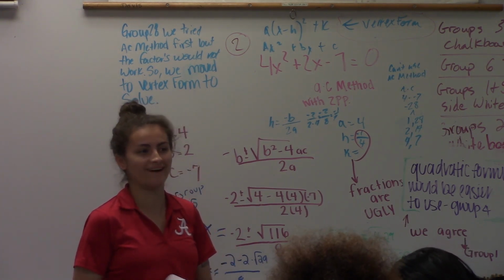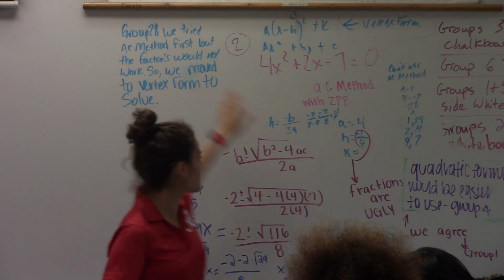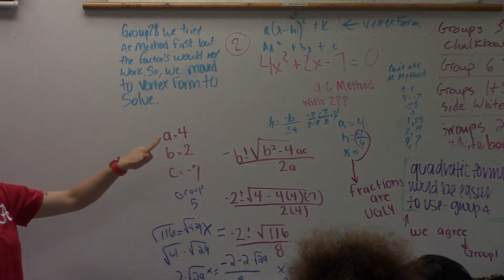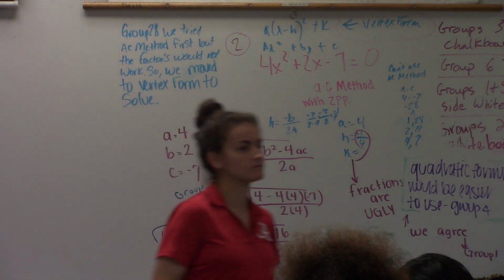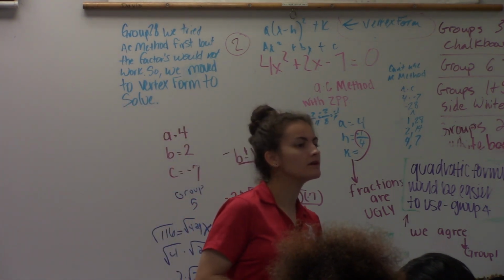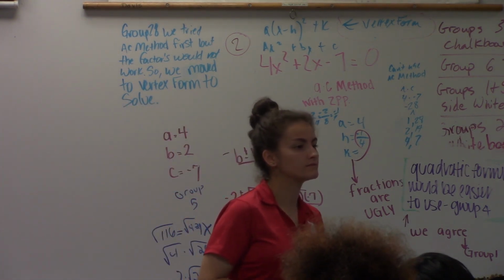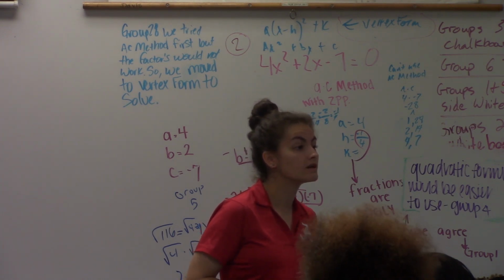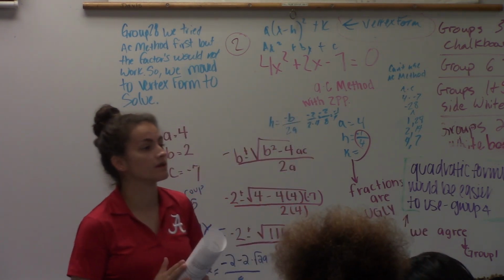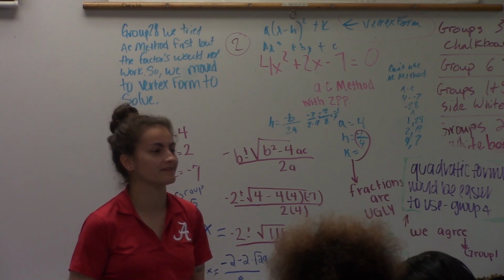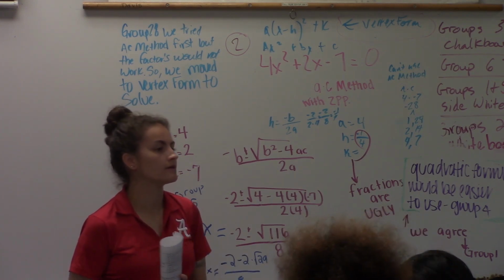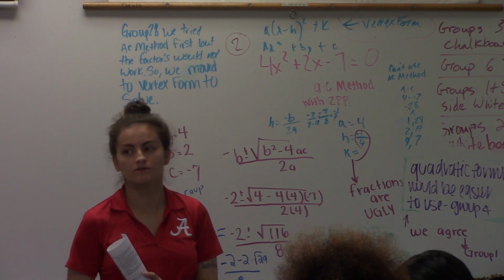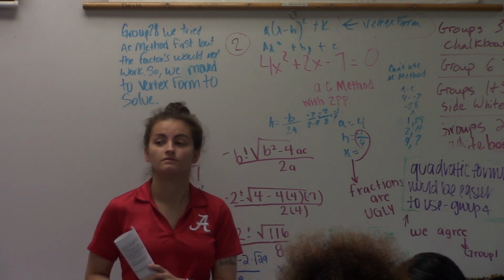It is easiest, but why? So I just went through the process of going through vertex form and the quadratic formula. What'd you say? It is the most efficient. But how did we know that it's the most efficient? Does anybody else know why it's the most efficient? Can you explain?